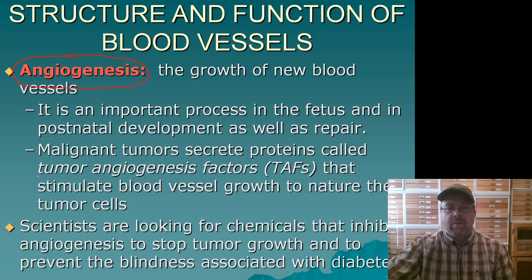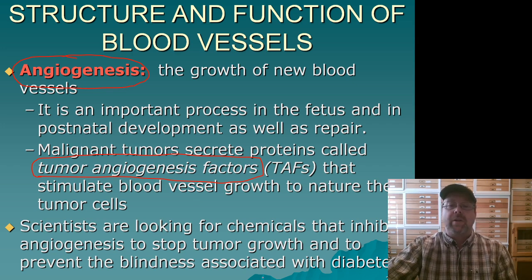An example of this would be tumor angiogenesis factor, which is a protein that's going to aid in the production of blood vessels. Now, scientists look for ways to sometimes inhibit or promote angiogenesis to help with diseases.